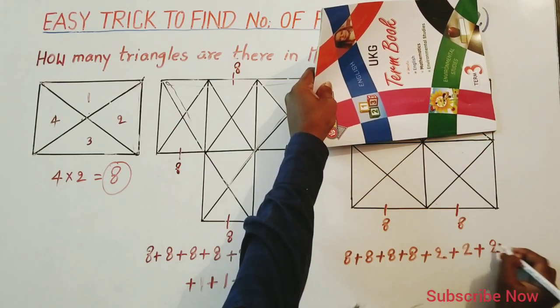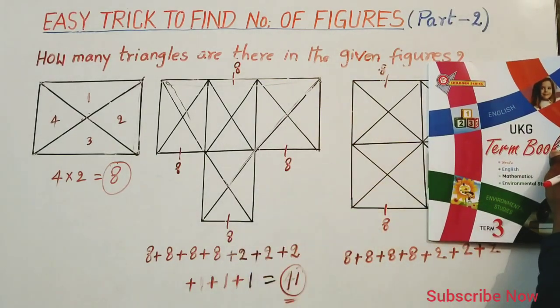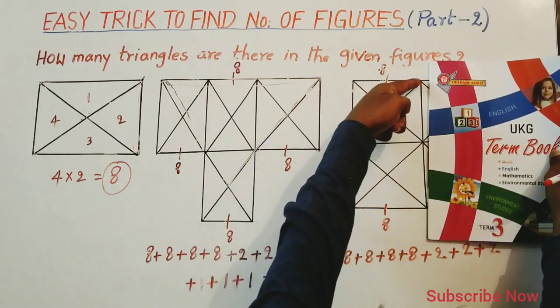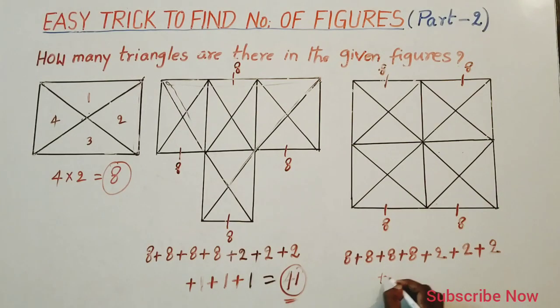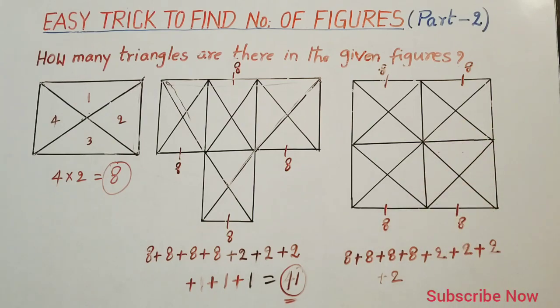So plus 2. And finally you close this part and combine these two parts. Now you can find this is one triangle and this is another triangle. So plus 2.